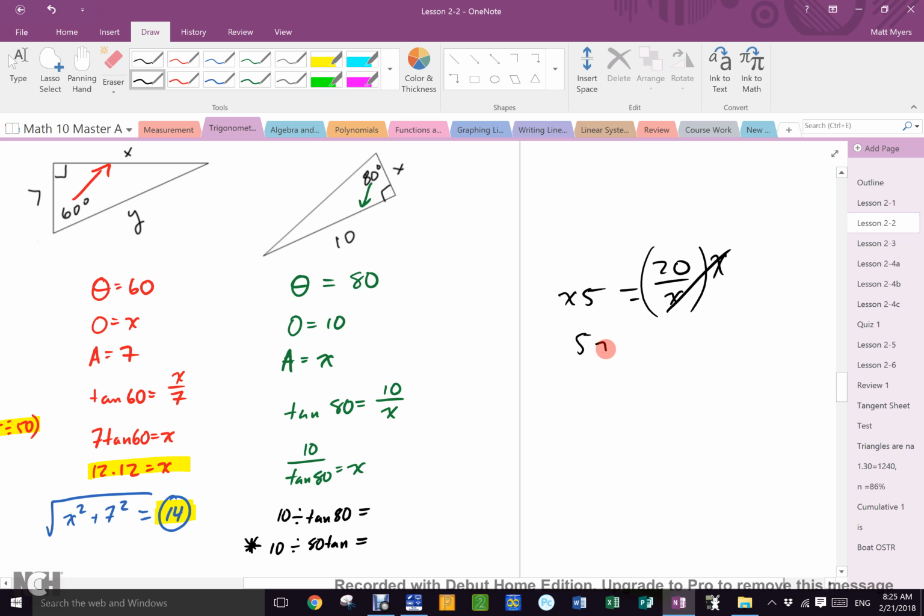So now I have 5x equals 20, yes? And the last step here would be divide by 5, yes? So x would equal 20 divided by 5, which would be 4. Now please notice, what did we start with? 20, 5, and x. So if at the end I end up doing 20 by 5, I'm allowed to make that shortcut in my head. And because we just did conversions. Is everybody cool?